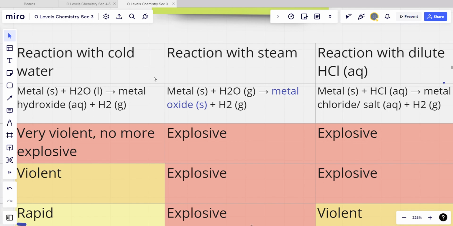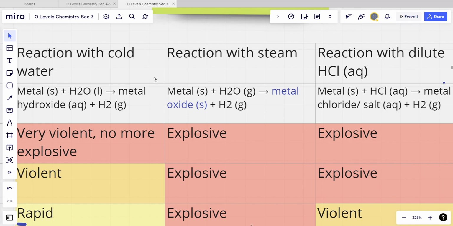Okay, these are the 3 reactions which you ought to know. So, yeah, only 3 for your secondary school. 1, 2, and 3.